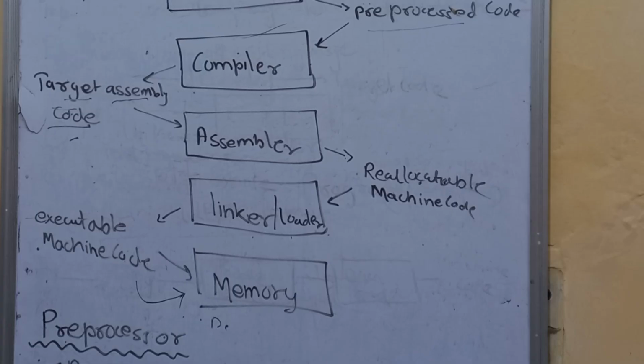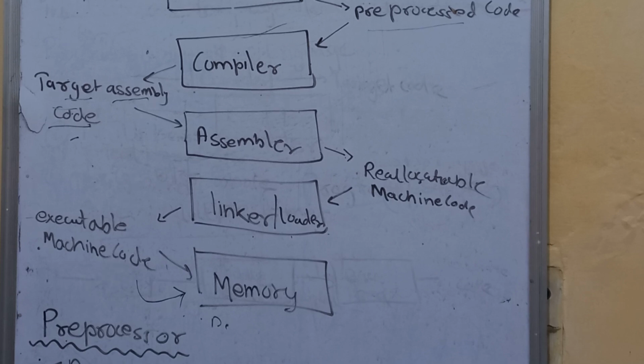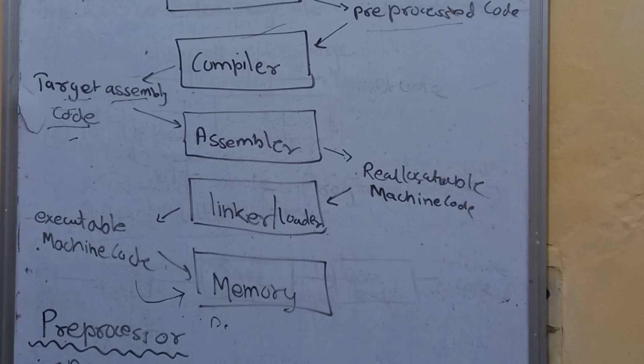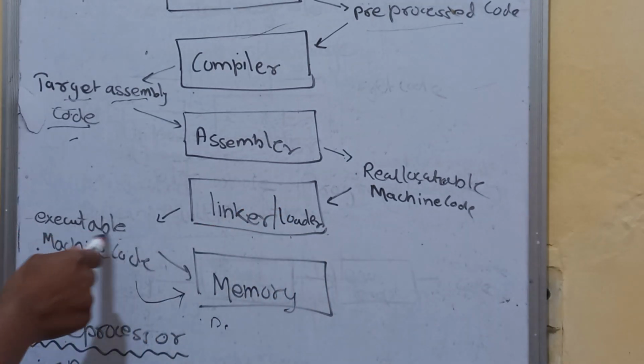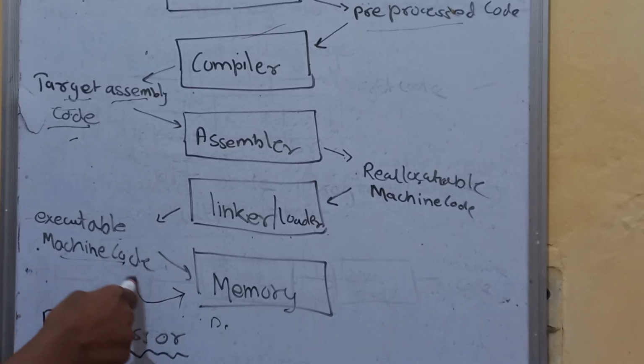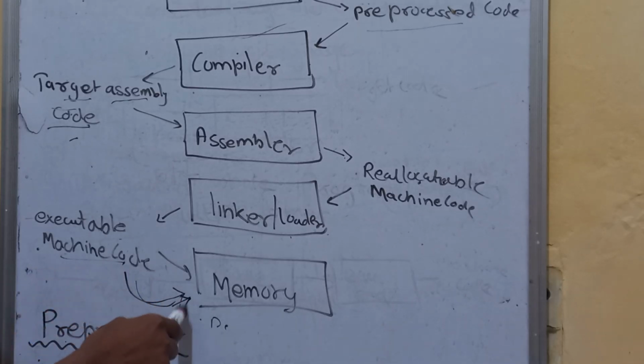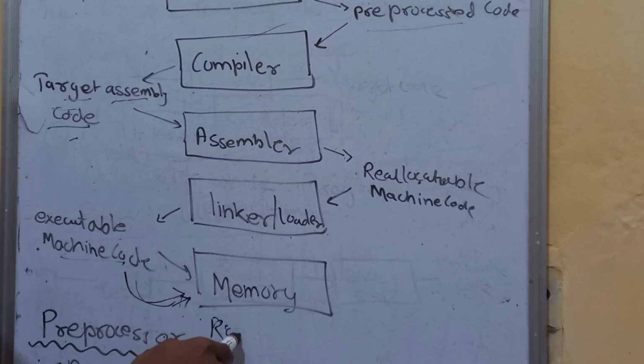So by mistake, again I explained from the compiler that compiler takes the pre-processed code and converts it into a target assembly code, and then assembler takes the target assembly code and converts it into a relocatable machine code, and then loader linker takes the relocatable machine code into the executable machine code, and finally it's stored into the memory such as RAM, ROM, and anything.